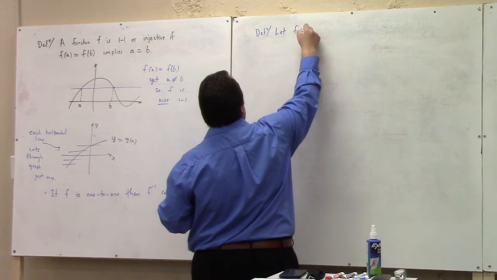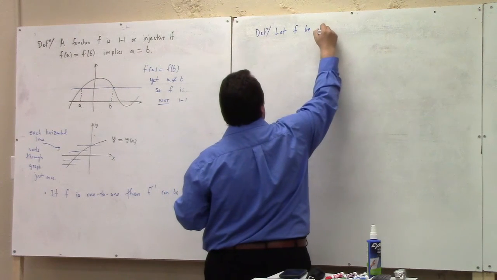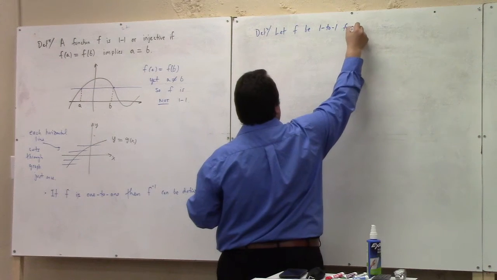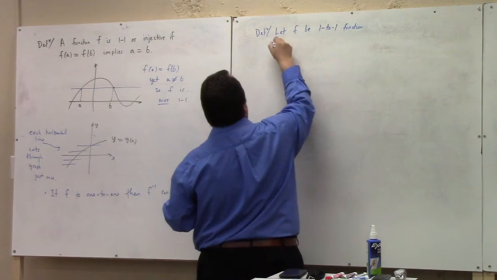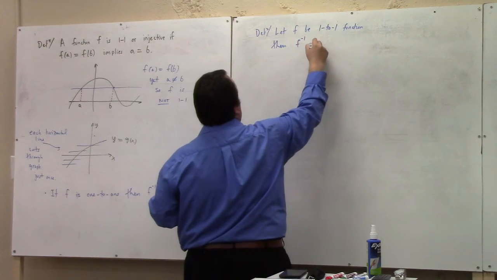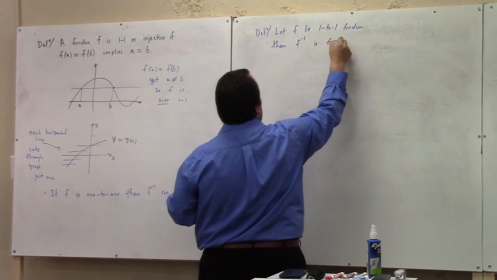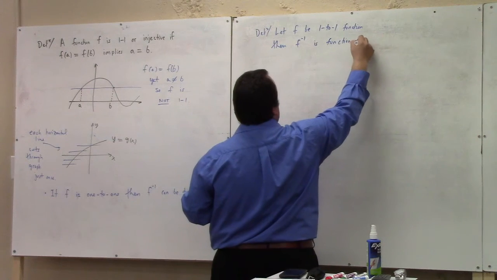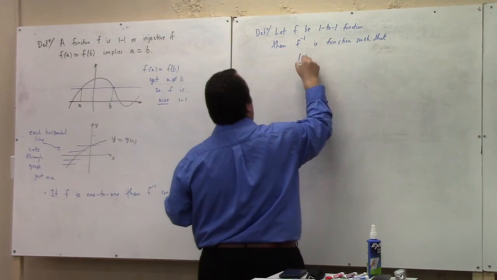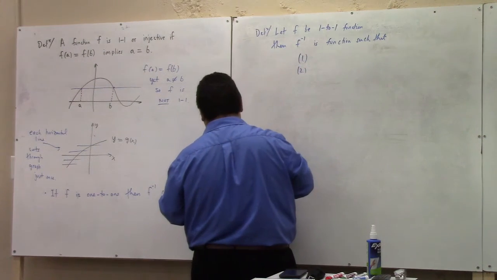Let f be a one-to-one function, then f inverse is a function such that we have two things, 1 and 2.